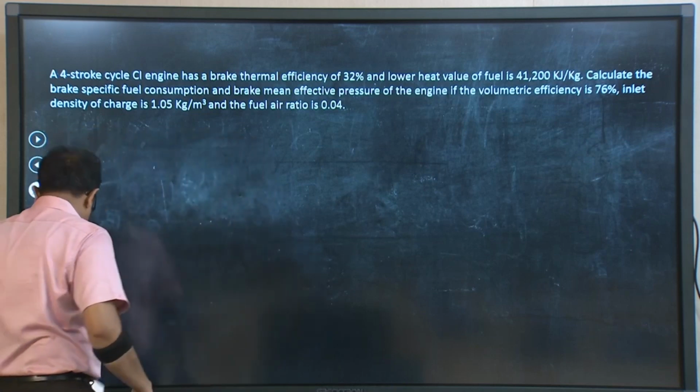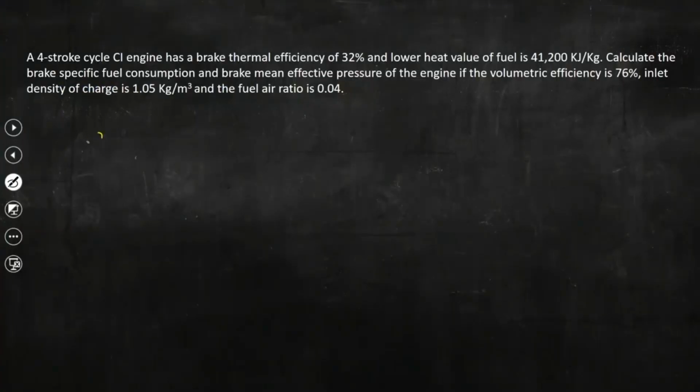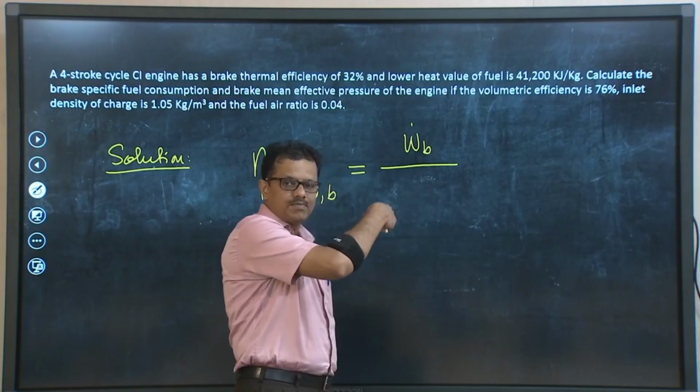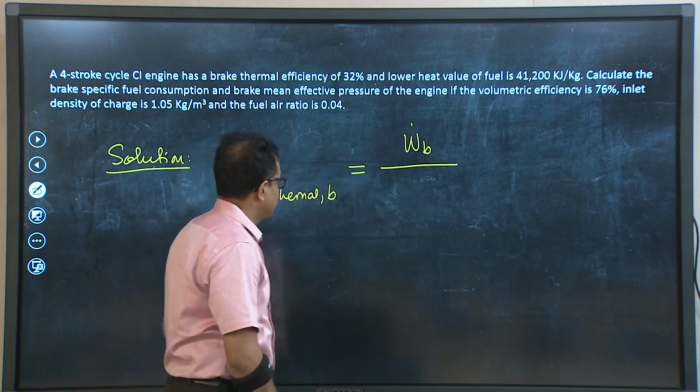So, this is the solution. Brake thermal efficiency, eta thermal brake, we know the mathematical form of this efficiency. It is the ratio of brake power, W dot b, that is the power available at the shaft, to the amount of energy supplied to get this power.